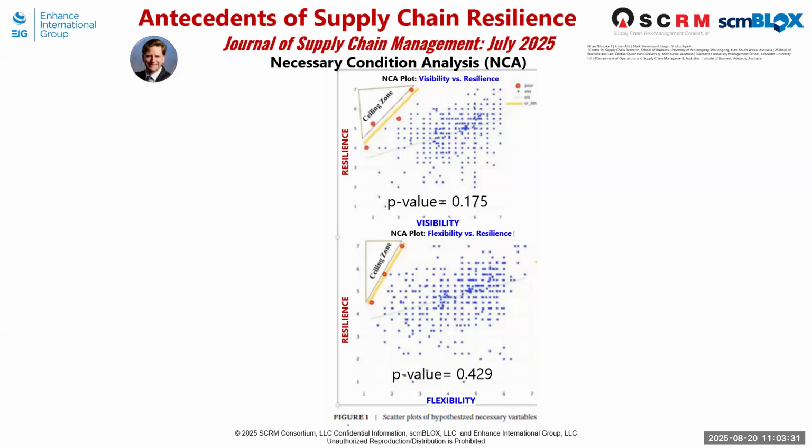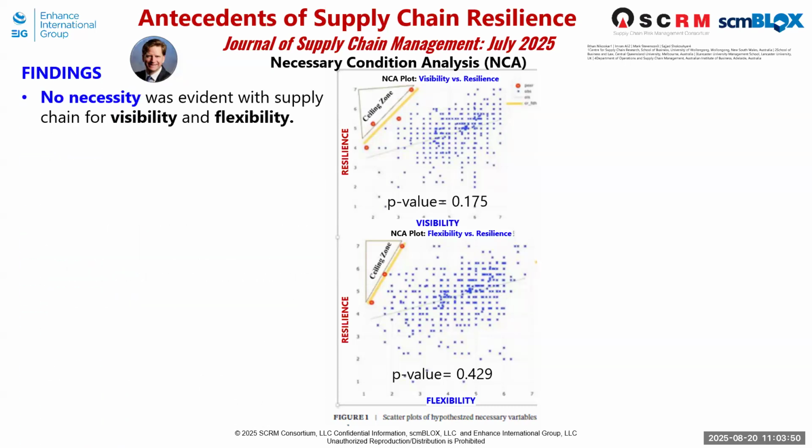So what it shows here in these plots, and you can go and look at the paper yourselves, but we try to summarize as best we can, is visibility and flexibility are not antecedents of supply chain resilience.